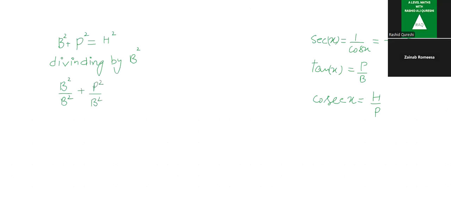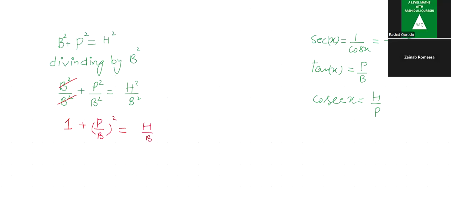Now what will you write? If the denominator and the numerator are the same, then these two terms will be cancelled out, and we have just 1 plus. When the numerator and denominator have the same powers, you write p upon b whole square, and over here h over b whole raised to power 2.